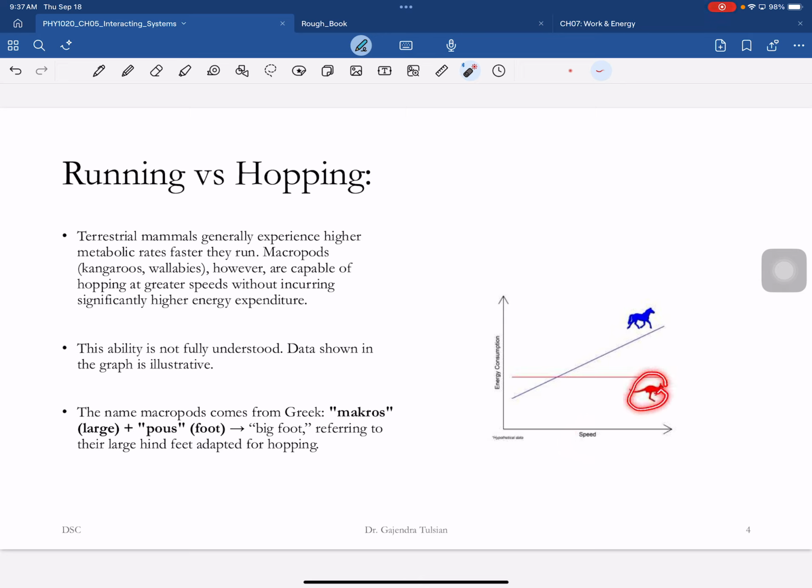Here's a kangaroo that hops, and here's an animal that walks and runs. You can see that at higher speeds, hopping is more efficient than running. And what else does this graph say? At lower speeds, running is more efficient than hopping.